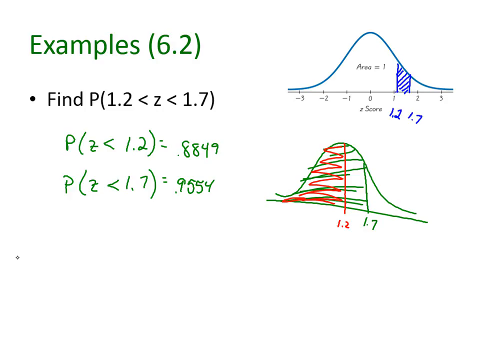What I want to do is take everything to the left of 1.2 and subtract out what's to the left of 0.7. That makes sense? It's the green without the stuff that's minus.